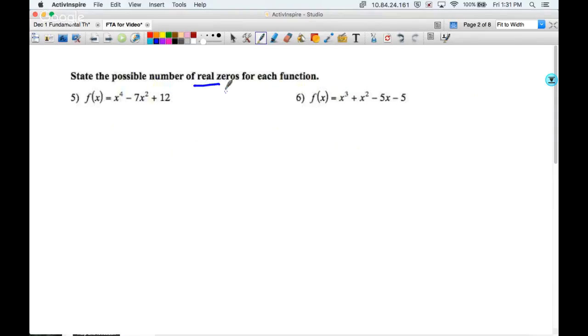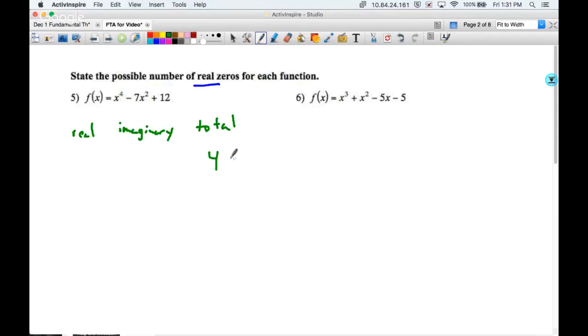Now real zeros, this is a little bit trickier because I know that the total between real and imaginary must be 4. That's our fundamental theorem of algebra.